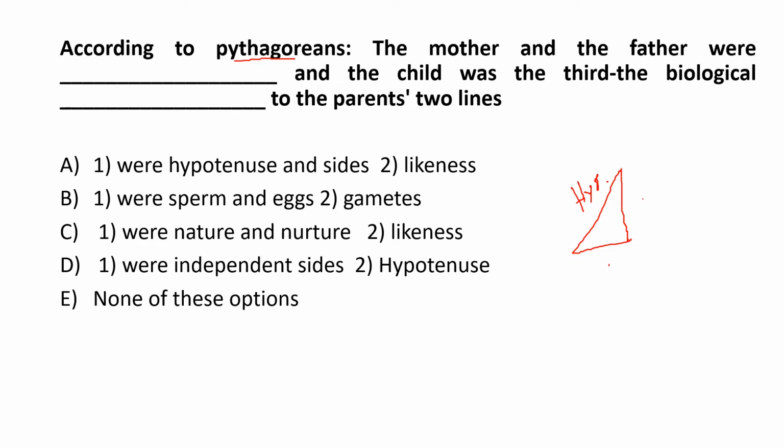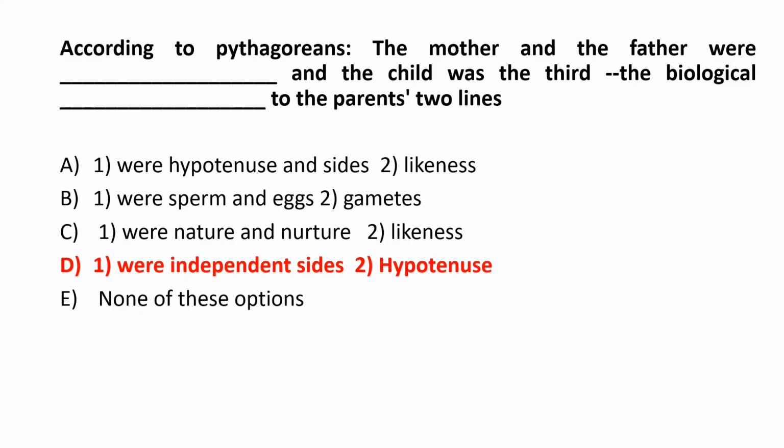Remember that that was an idea from Pythagoras, and he tried to apply that to inheritance. So he thought that the mother and the father were what? So you have to remember the mother and the father were here, and the child was the third side, the product of the two parents' lines. So it's very easy if you read the readings that I posted on Moodle.